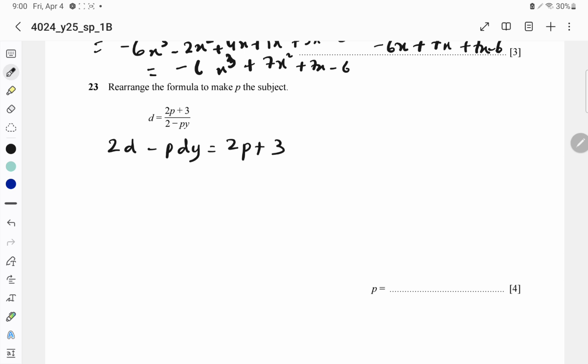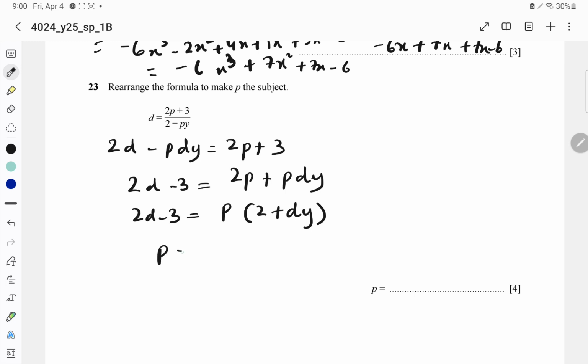That becomes 2p plus p dy is equal to 2d minus 3. Take P common: 2 plus dy is equal to 2d minus 3, and p is equal to 2d minus 3 upon 2 plus dy.